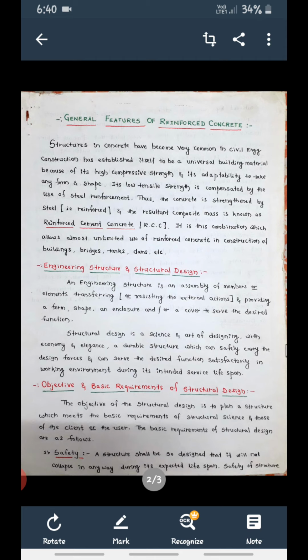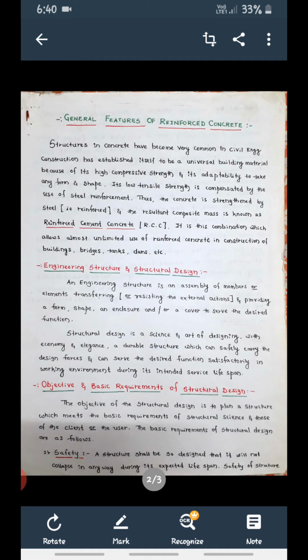I can say that structure is nothing but an arrangement of various elements, like whatever you have just seen: slabs, beams, columns, footings. All these elements will be connected to each other so that the load can be transferred from top to the bottom. So the arrangement of these elements is nothing but a structure.